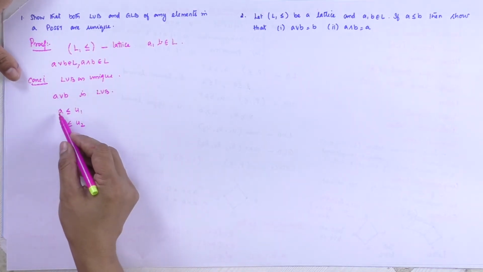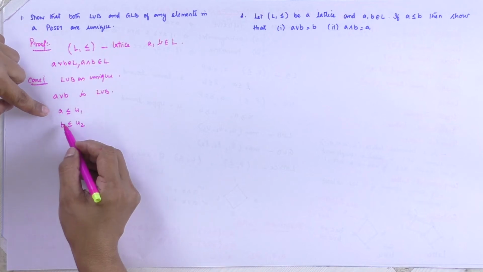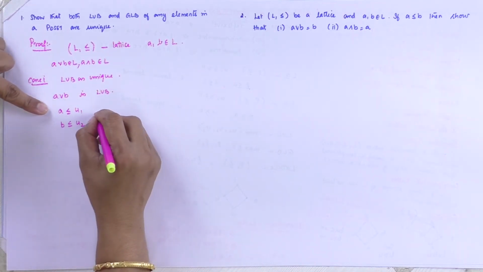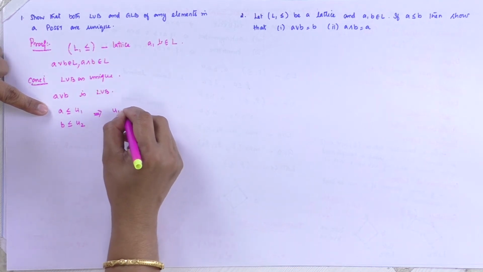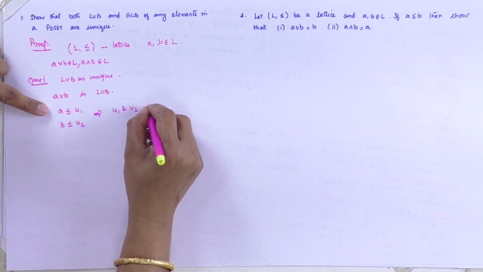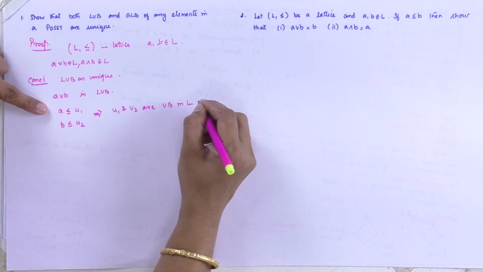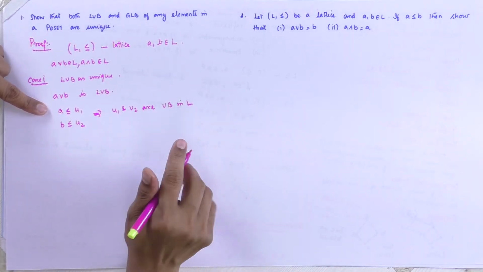See here, I have two elements and those two elements are less than or equal to U1 and U2, which means that U1 and U2 are upper bounds in L for A and B.